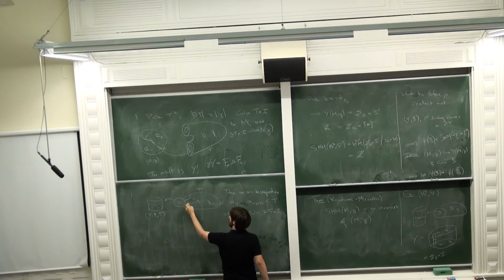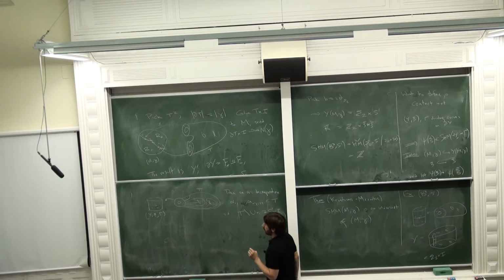Maybe you have one arc like that, another one like this, and then I guess you need 2 more. Something like that.